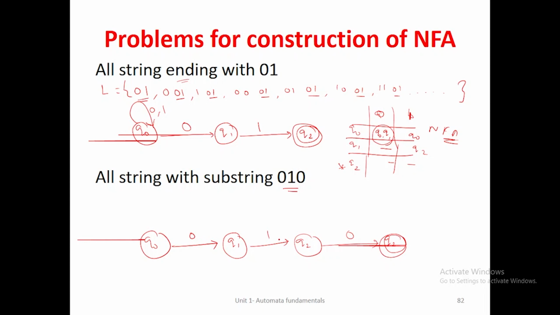Substring means this may be an intermediate string, or it may be a prefix of a string, or it may be a suffix of a string. So the possibility is a self loop on the first or last state. Prefix may be 0 or 1, suffix may be 0 or 1. So now you refer to it.